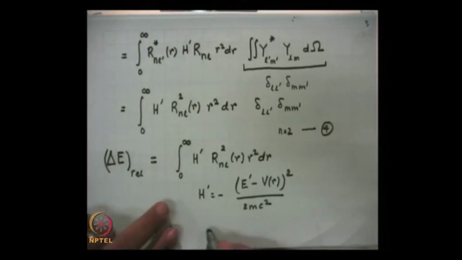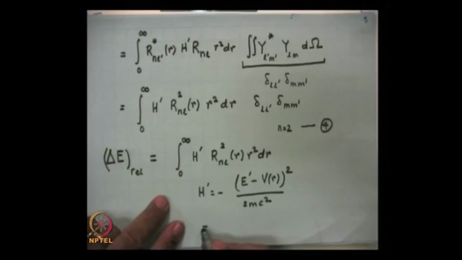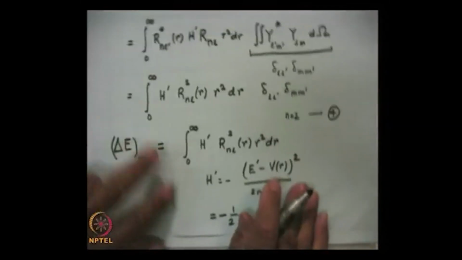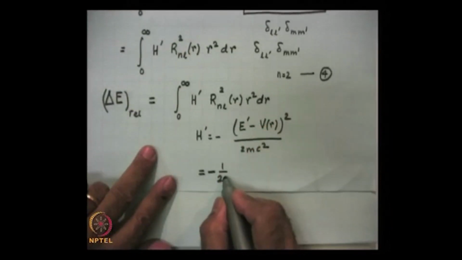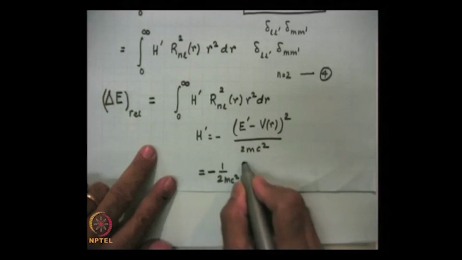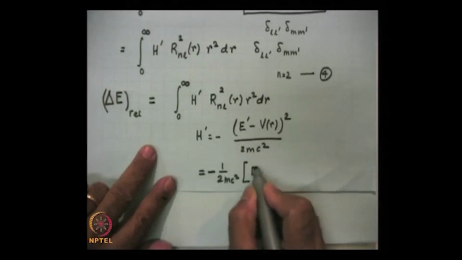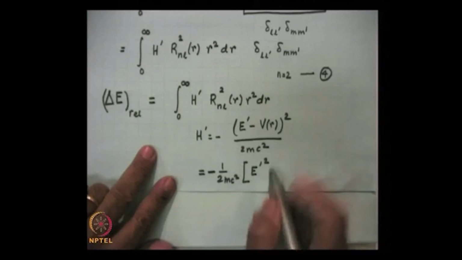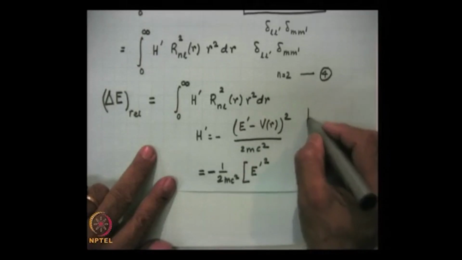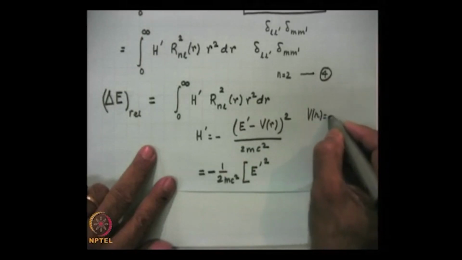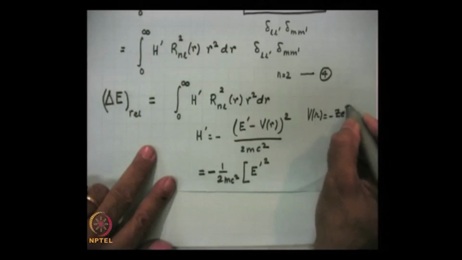So, we can write this down as equal to minus 1 over 2 m c square, E prime square, and V of r is equal to minus Z e square by r.